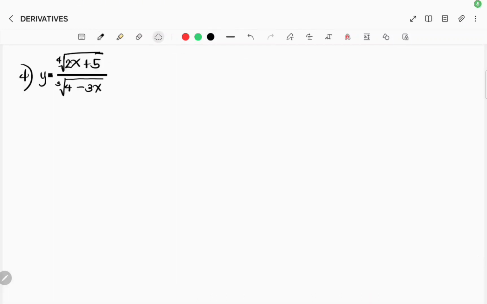Example number 4, we have y is equal to the 4th root of 2x plus 5 over the cube root of 4 minus 3x. So this is our u over v. And our answer must be v du minus u dv over v squared. So let's start with y prime equal to our v.